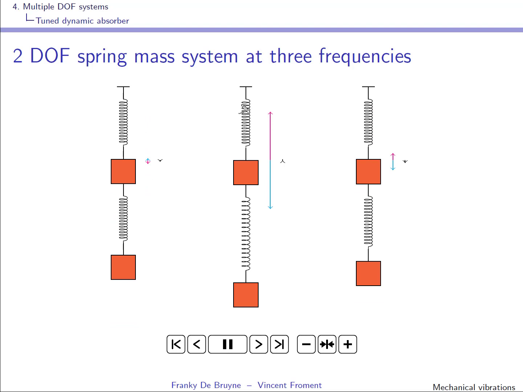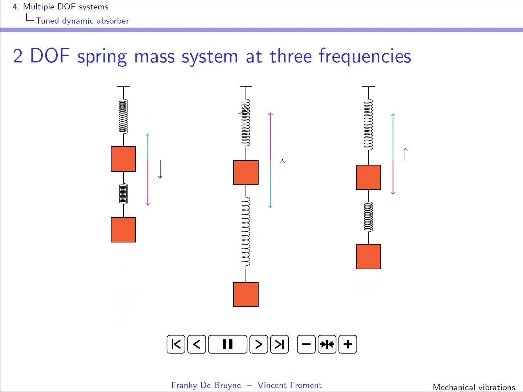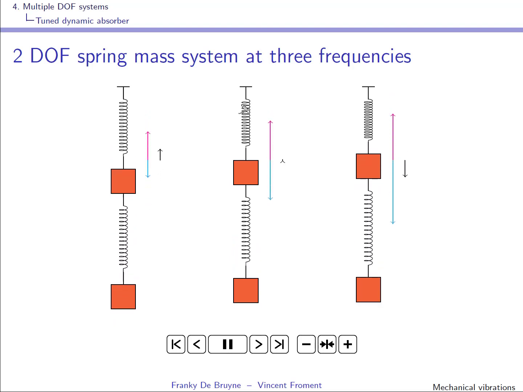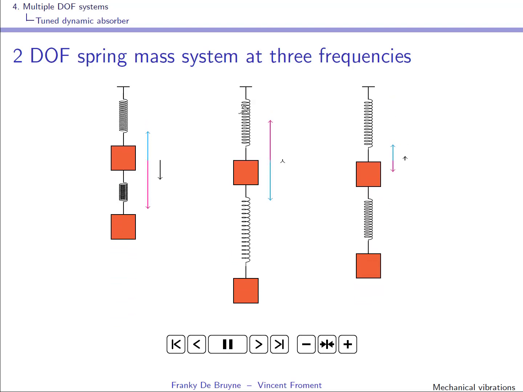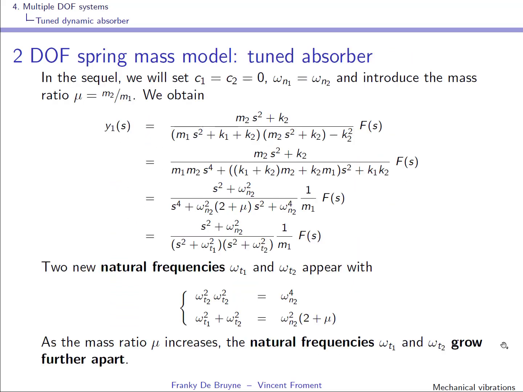On the right it's the second mode that is predominantly excited, and remember that in this second mode the 2 masses were moving in phase opposition.